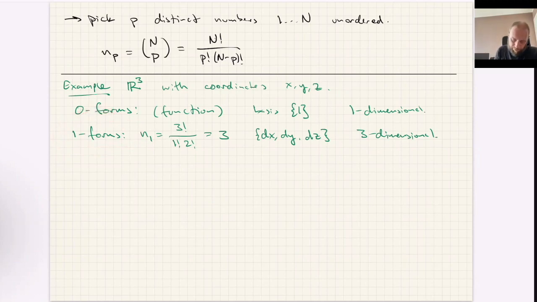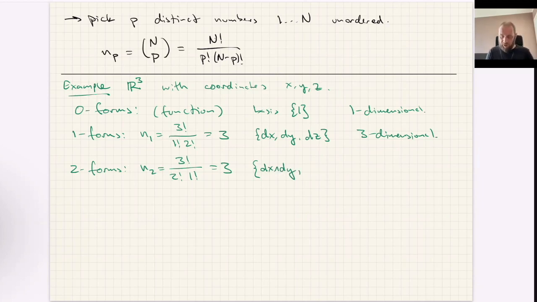If we look at the two-forms, we have n_2, that's 3 factorial divided by 2 factorial times 1 factorial, that's again 3. I need to choose 2 out of the 3 indices, and then I can write them down in any order that I wish. So if I choose x and y, I have an element which is dx wedge dy.